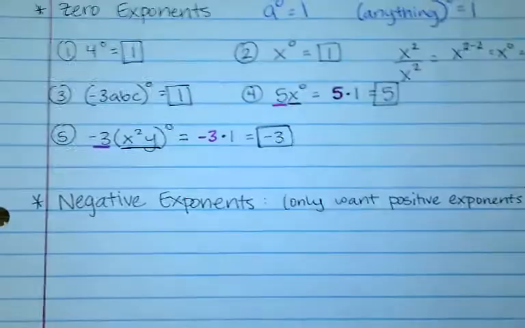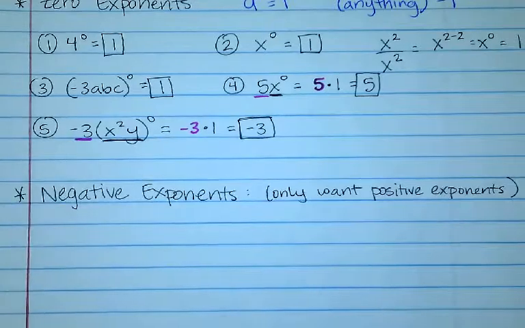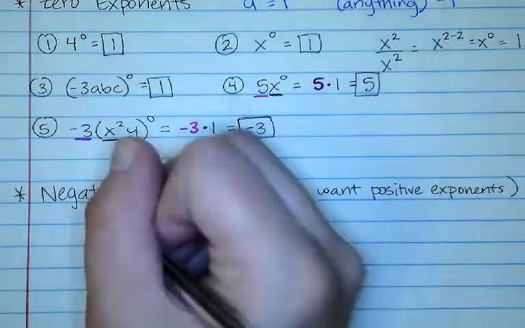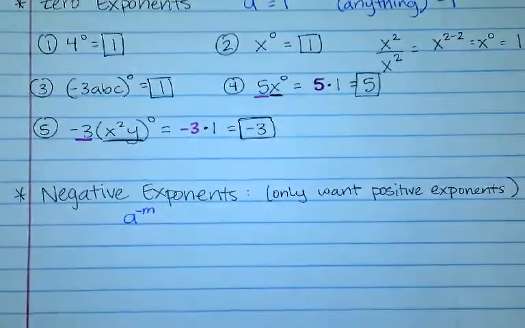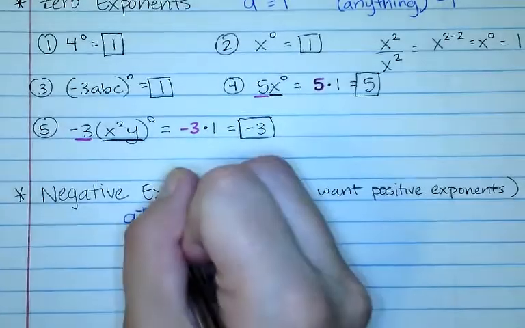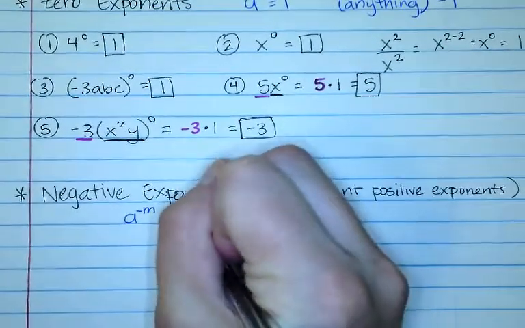Okay? So we only want positive exponents in our answer. So the rule that we have for this, guys, I'm going to show to you. It's a to the negative m is equal to 1 over a to the positive m.